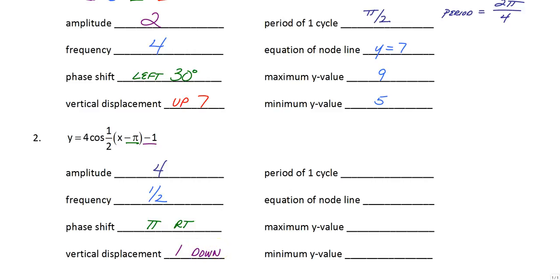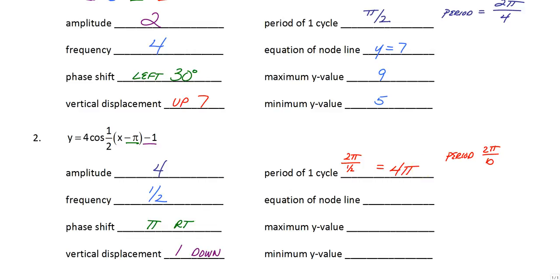Now the period of one cycle, as I already mentioned in the previous example, the way we find our period is 2 pi divided by b. So if our b value is 1/2, that's 2 pi divided by 1/2, which we know when we divide by a fraction, we multiply by the reciprocal, so we have 4 pi.